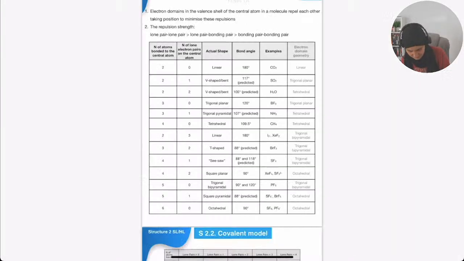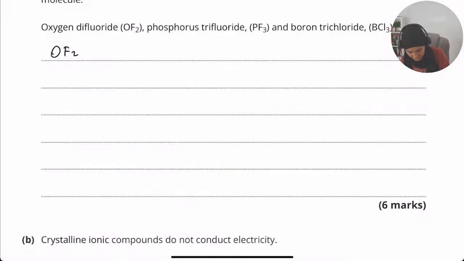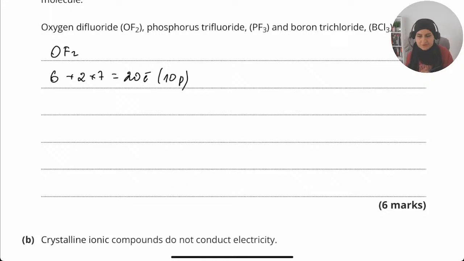So I do 1 oxygen plus 2 times 7, so it's 6 plus 14, it's 20 electrons. I like to convert it to pairs to make it faster. So it's 10 pairs, the total number of pairs in the outer shell of all atoms.